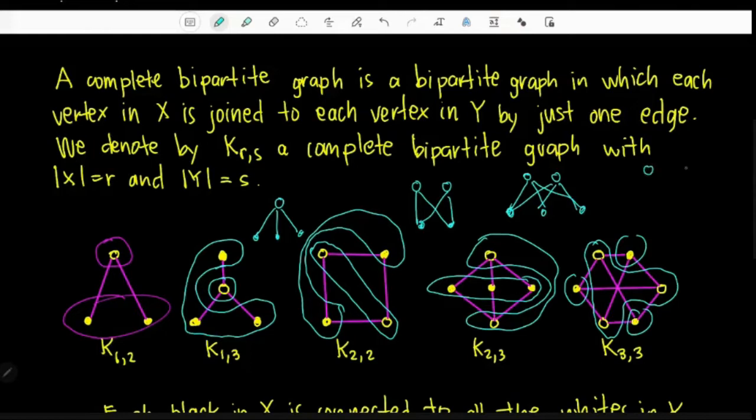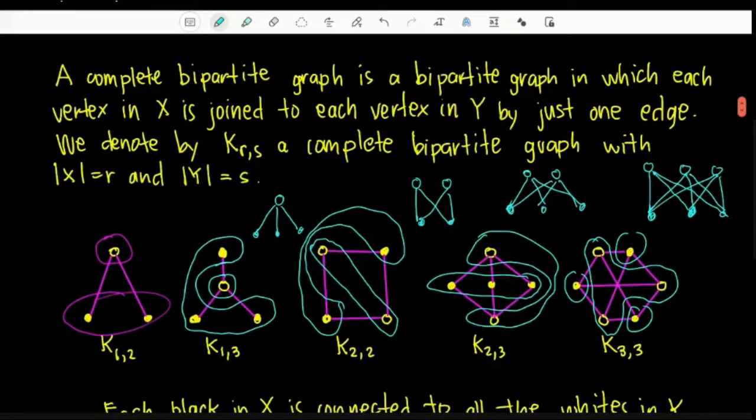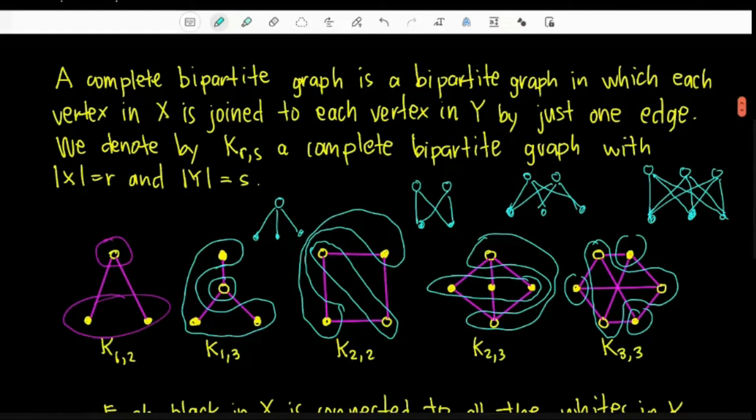You have three blacks and three whites. So as you can see, all the blacks are connected to the whites, and all the whites are connected to the blacks. So that's what we mean by a complete bipartite graph.